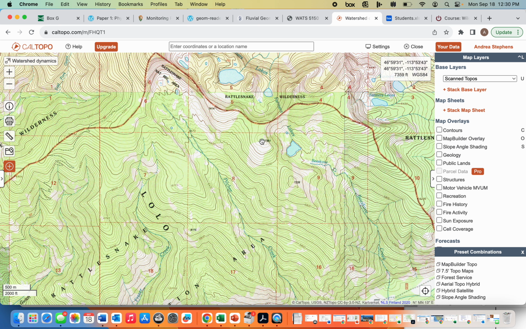Then to determine what aspect that is, you ask, what compass direction is that? What cardinal direction is that line pointing from here to here? Well, I would say that that's southwest.